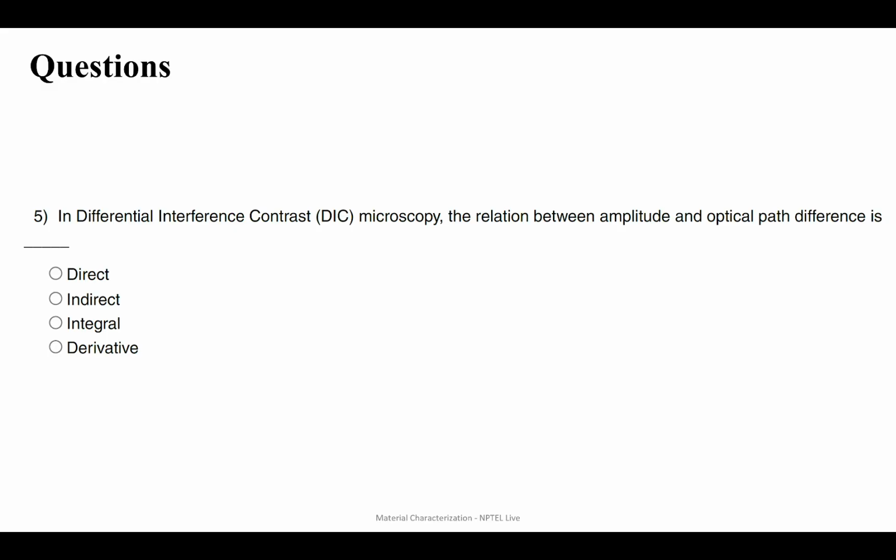In DIC microscopy, the relationship between amplitude and optical path difference is: direct, indirect, integral, or derivative?